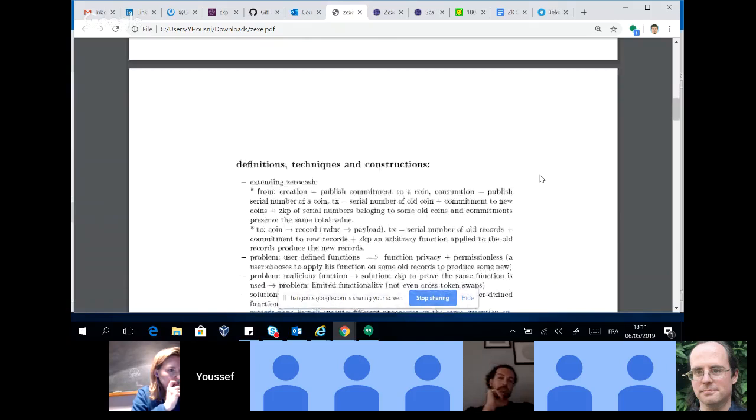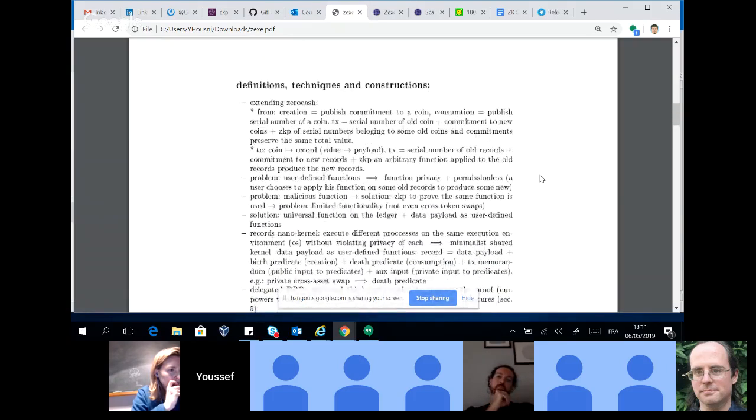As I believe, the starting point of ZEXE was to extend ZeroCash, right? So in ZeroCash, how is privacy handled and addressed? You have coins, so fungible tokens, if you want to talk more generally about distributed ledgers. To create a coin, you publish a commitment to this coin. To consume this coin, you publish a serial number of the coin.